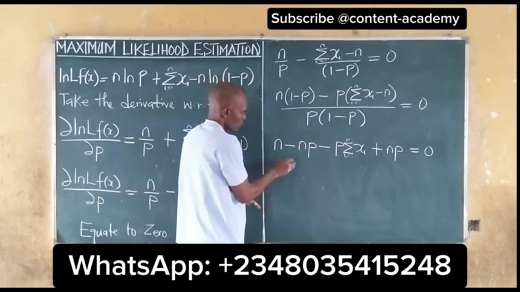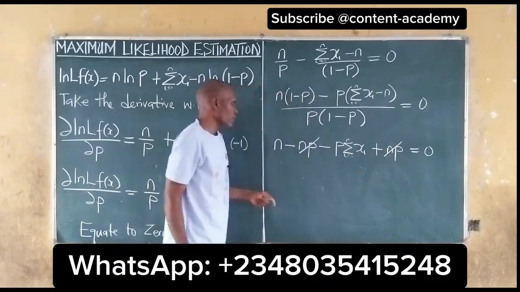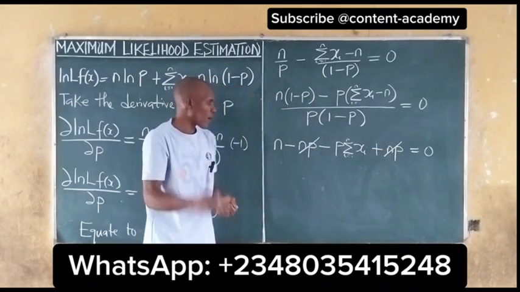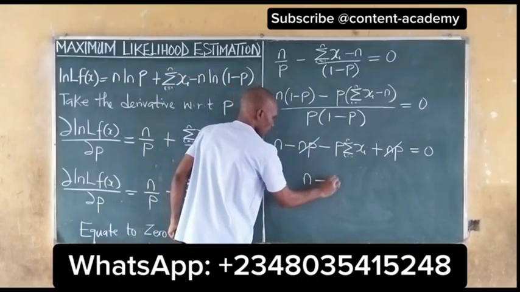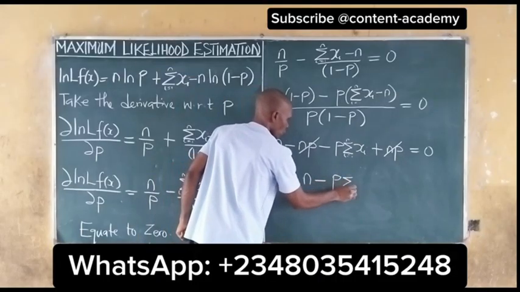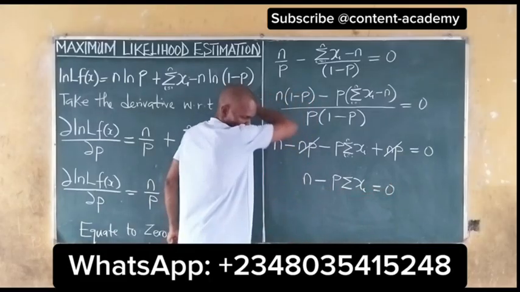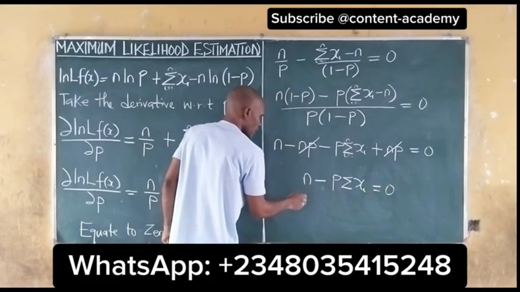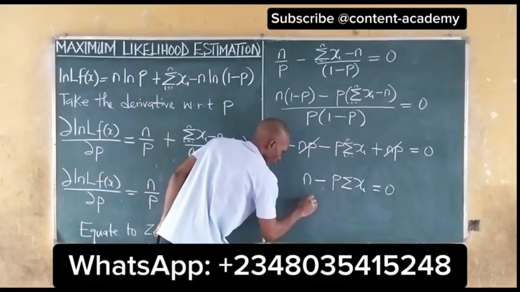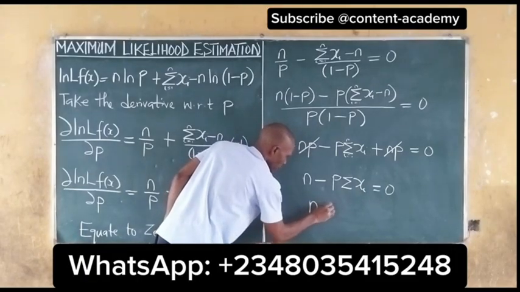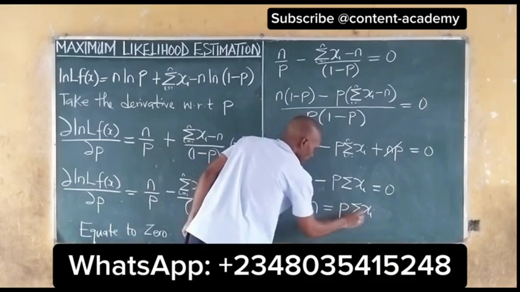Now, the whole of this can cancel, because negative np plus np is 0. So we are left with n minus p summation of xi to be equal to 0. Of course, we can write this as n to be equal to p summation of xi.